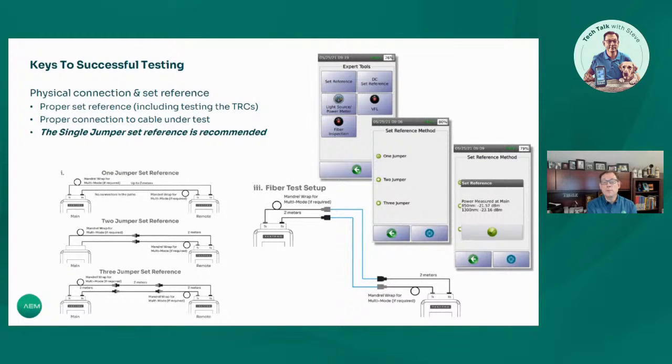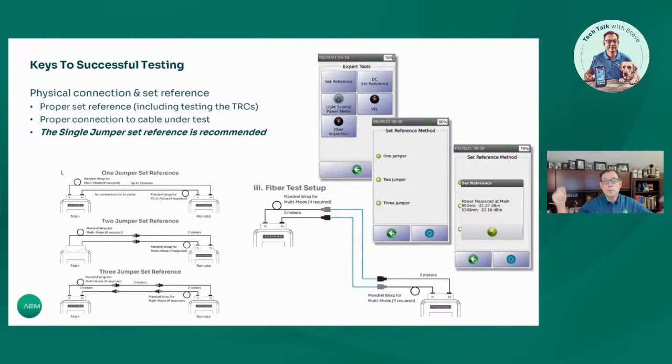Another thing that's often overlooked is a proper set reference. There are a couple of ways to do set reference that I'm going to talk about. The main two are 1 jumper and 2 jumper set reference. Back in the old days, if it's just a standalone light source and power meter, you'd put a cord on each, you'd couple them together, and you'd reference them.